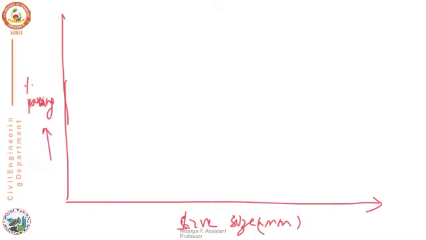Generally we can plot this on a normal graph sheet. On the y-axis, the percentage passing will be 0, 10, 20, 30, 40, 50, 60, 70, 80, 90 and up to 100% passing, which needs to be marked on the y-axis.